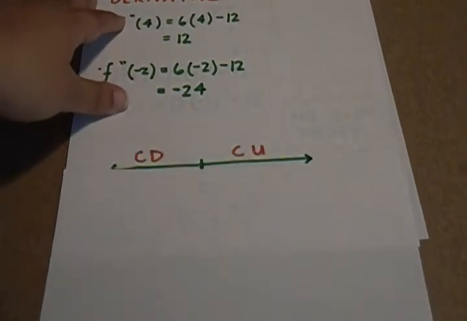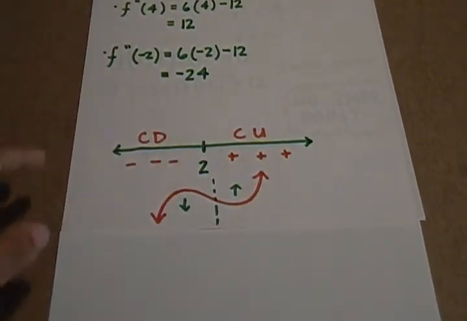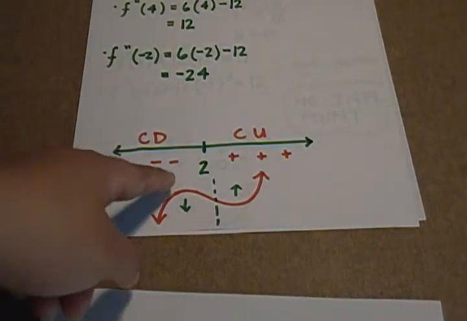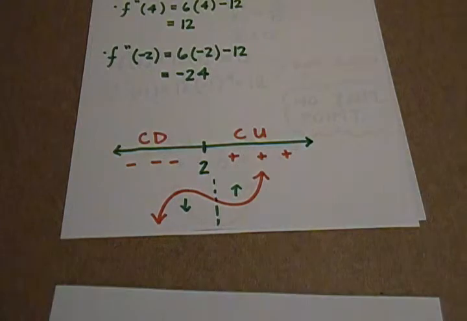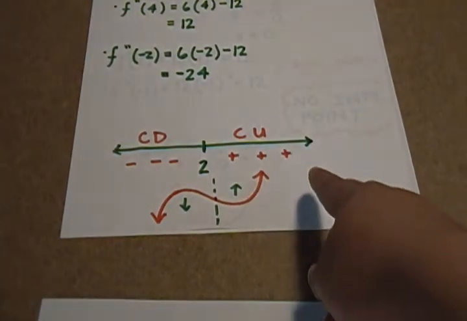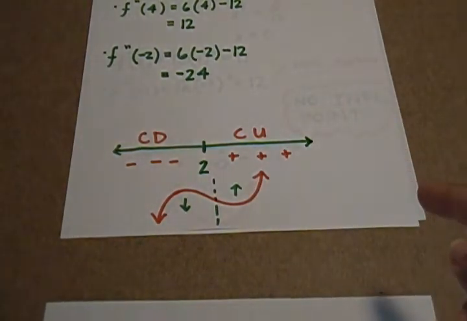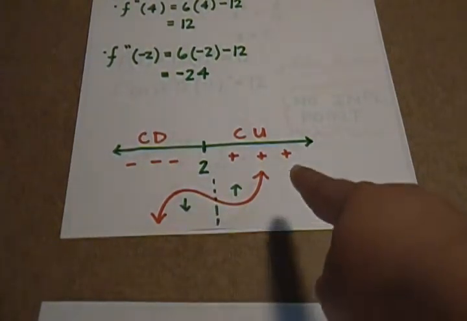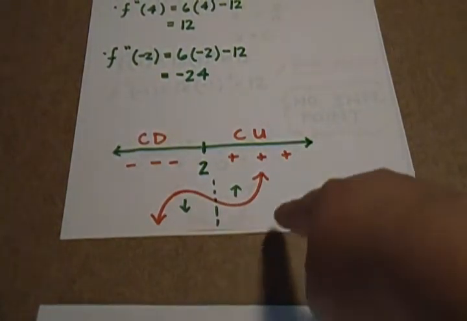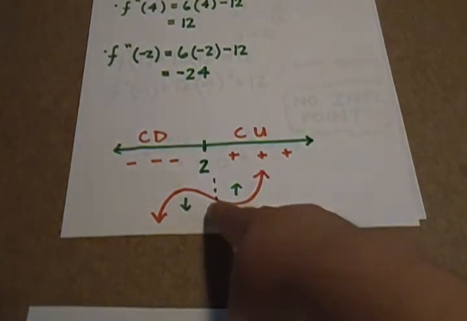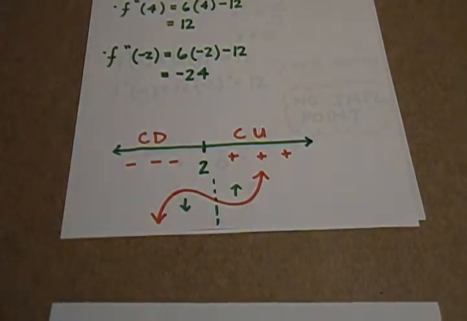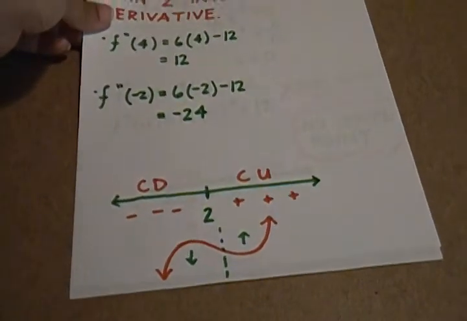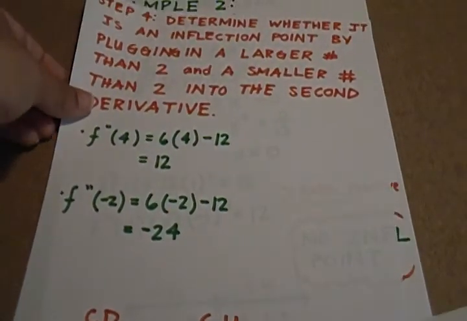So if you put that into the graph here, it's concave down on this interval because it's negative, and on this interval it's concave up because it's positive. So your graph will somehow be looking like this, concave down to concave up. So this point right here is an inflection point. So 2 does prove to be an inflection point.